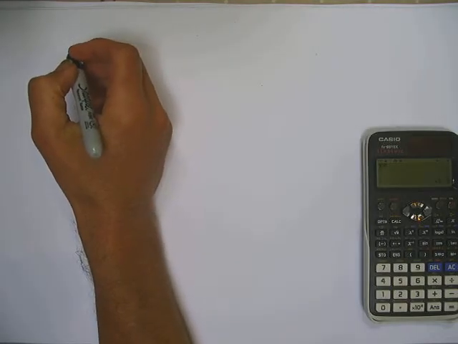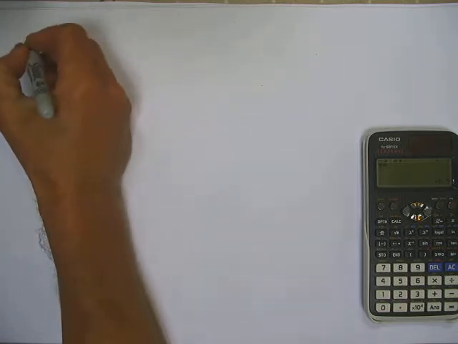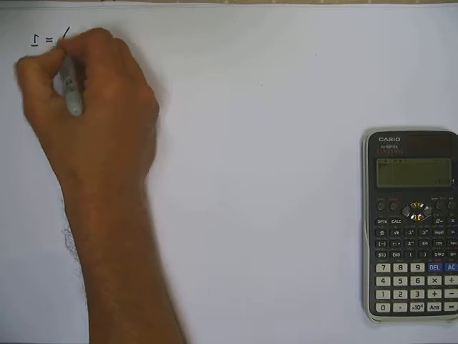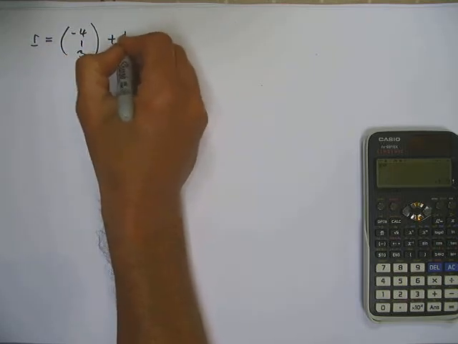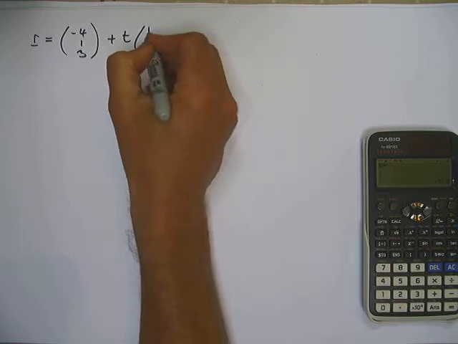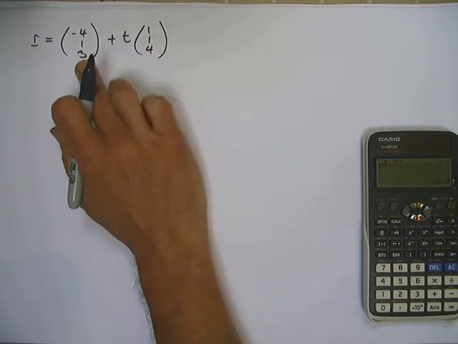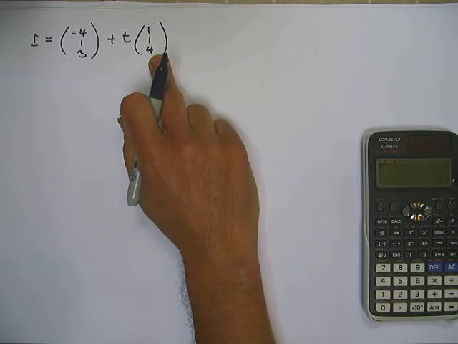Before we go on to the next one, just want to remind you that from the previous question, one of the lines was minus 4, 1, 3 plus t times 1, 1, 4. A point on the line, the direction of the line.